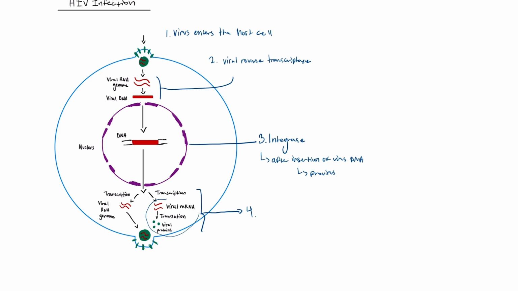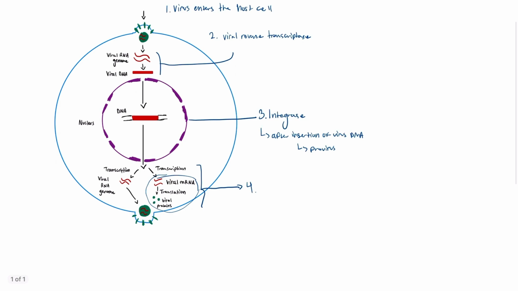And if I circle this, right? So transcription, you get the viral mRNA, and then translation of the viral mRNA, you get the viral proteins. Now, let's see here. Hold on. Transcription occurs here when the provirus ceases to be dormant.